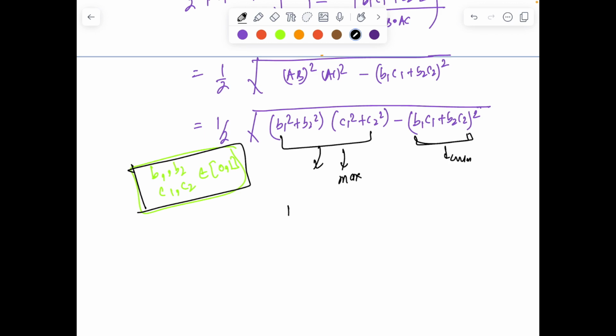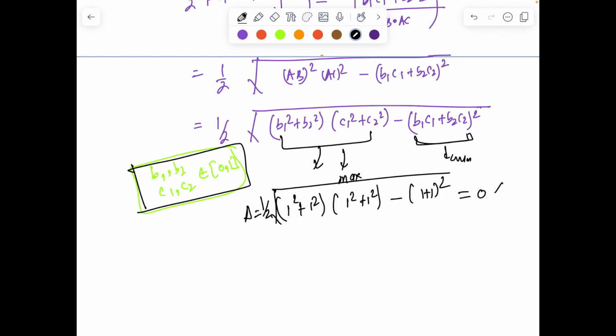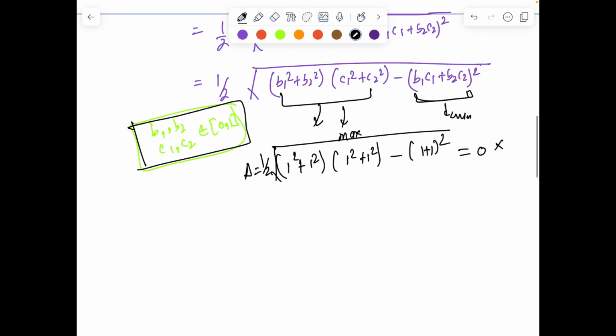So the way to produce 0 is they must have opposite parity. So let's say if I take B1 as 1, so 1 square plus 1 square, and if I take this as 1 square plus 1 square, all as 1, then it will not give me a non-zero answer. So it's 0, so delta will become 0, so half times root over this, right? That's clearly not the maximum value.